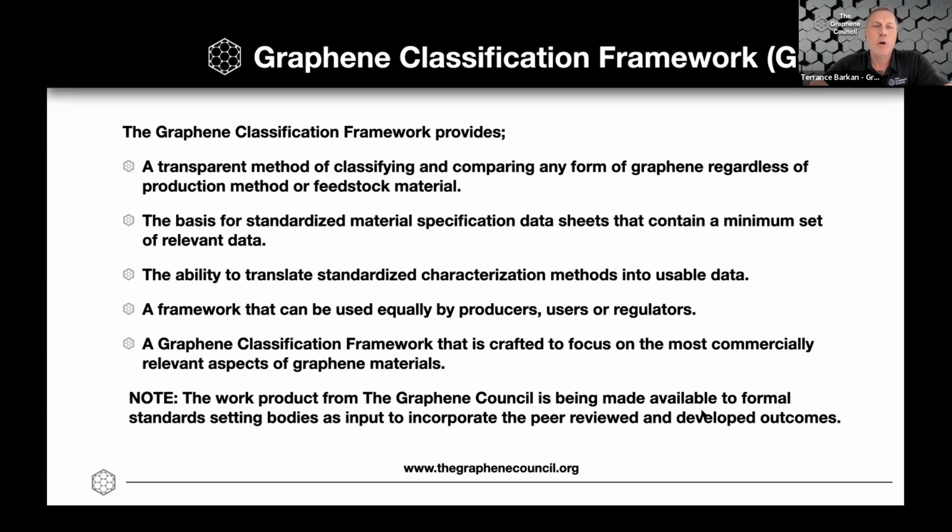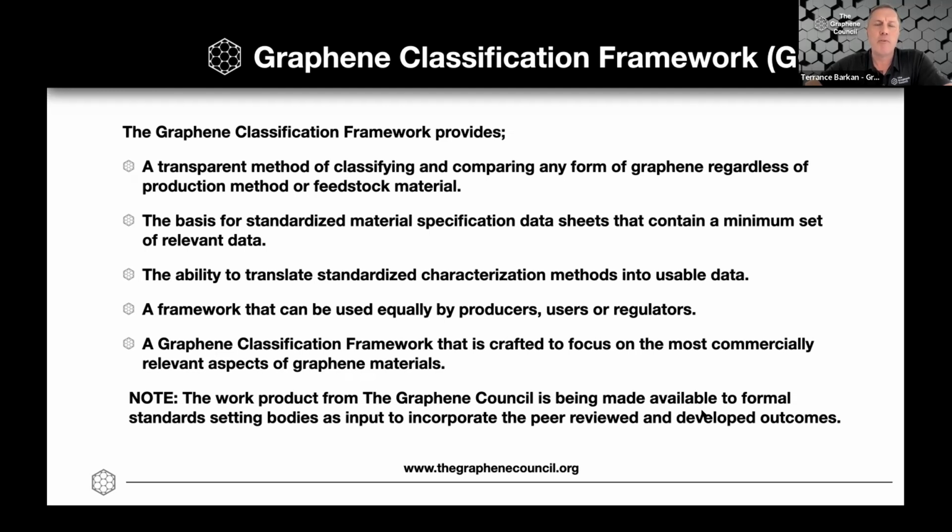We also recognized that producers were not issuing the same set of data about their materials in the form of their data specification sheets. And when they don't include the same information or put it in the same format, it becomes literally impossible for an end user or a consumer to compare one material to the next based on these technical data sheets.